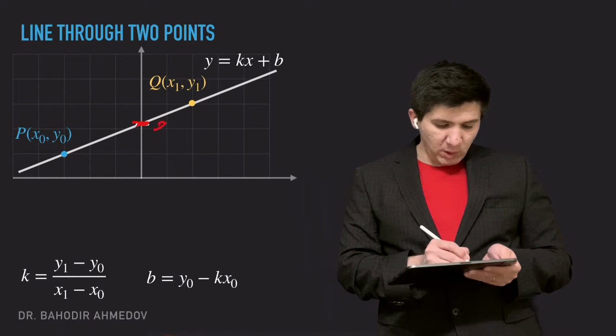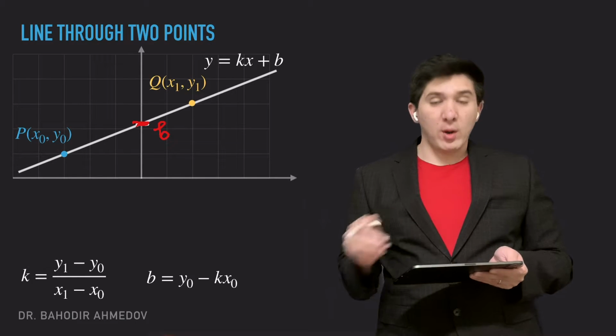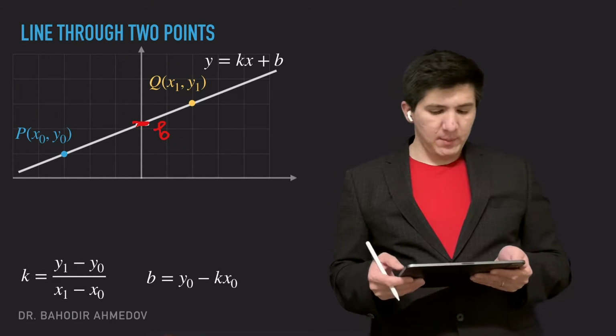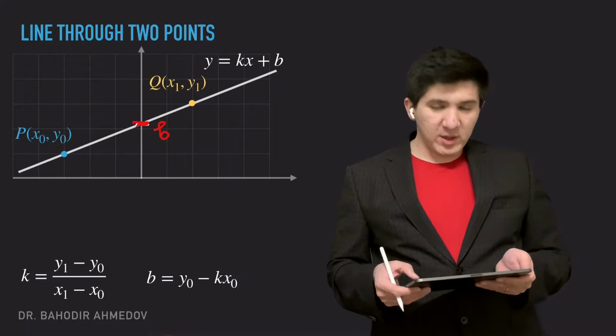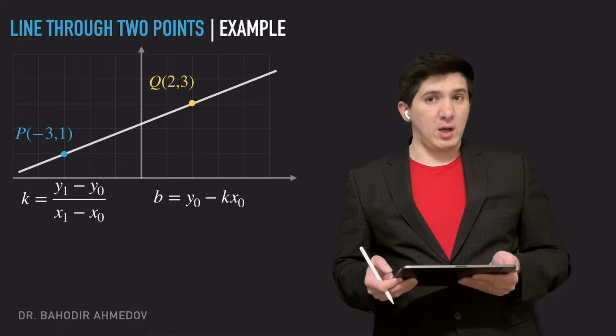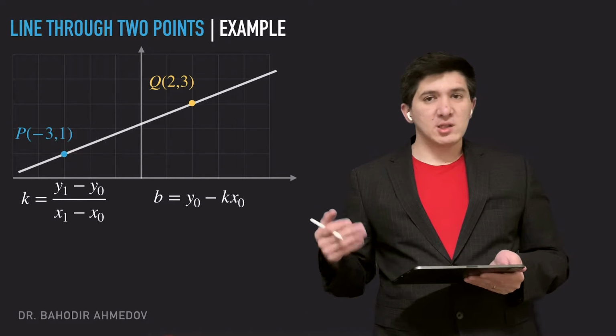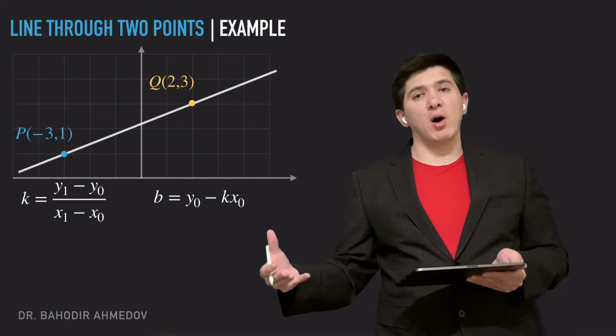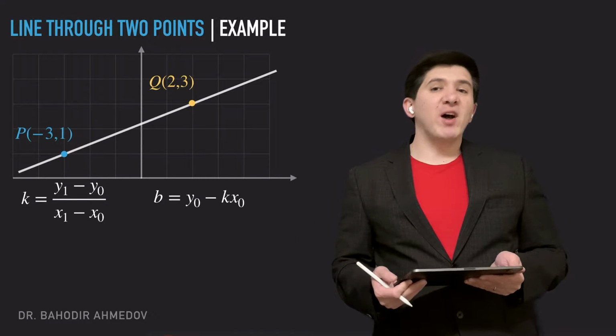So this point is where y is equal to b. Let's say we are given an example: two points, and I would like to construct the equation of the line. I just need to plug the coordinates of the two points into these two formulas and find k and b.